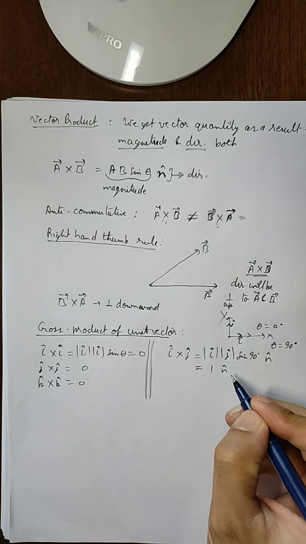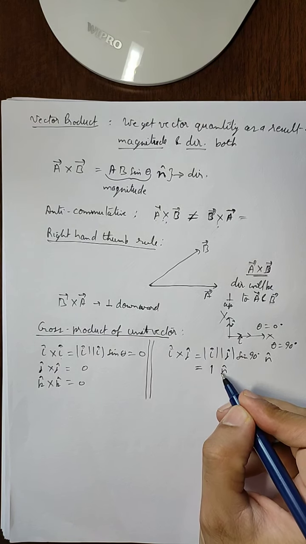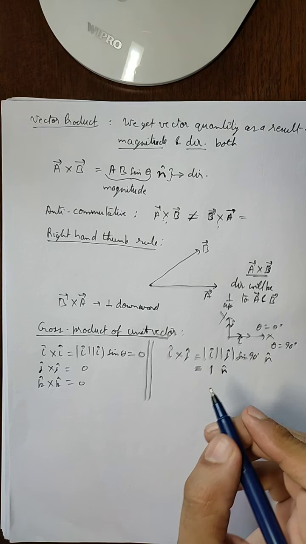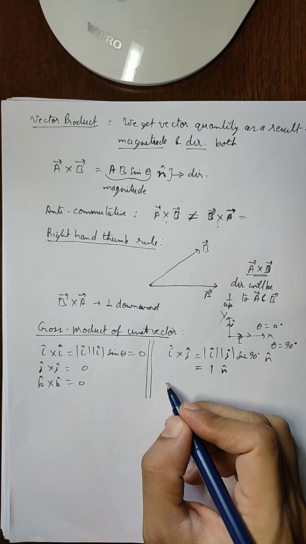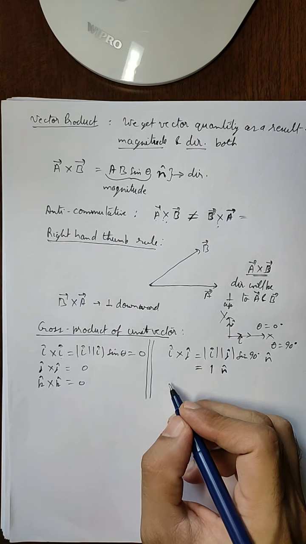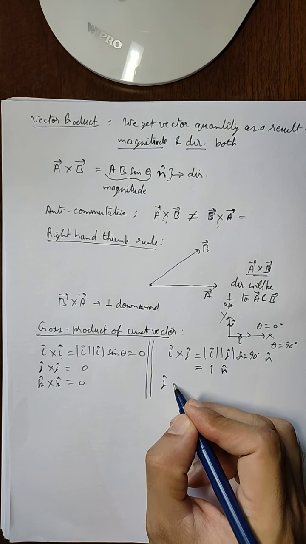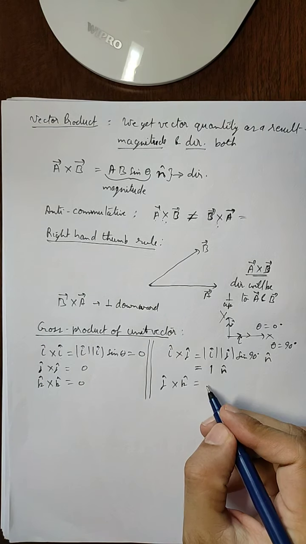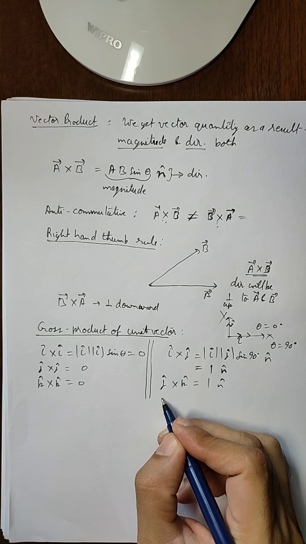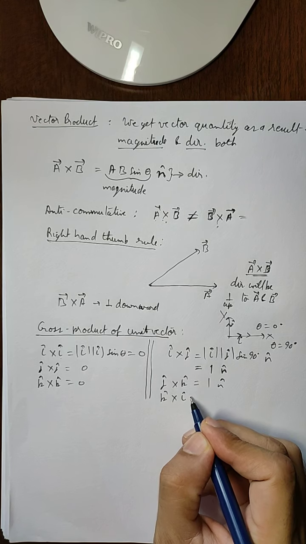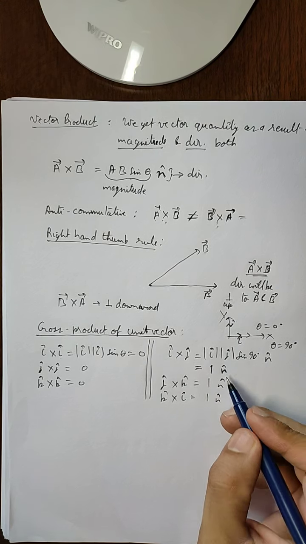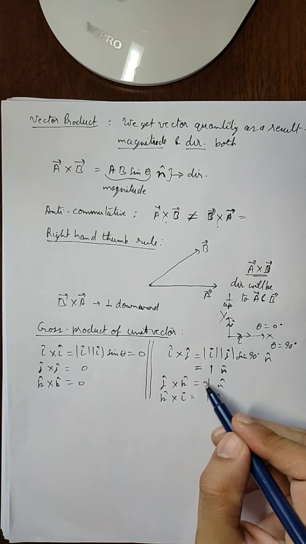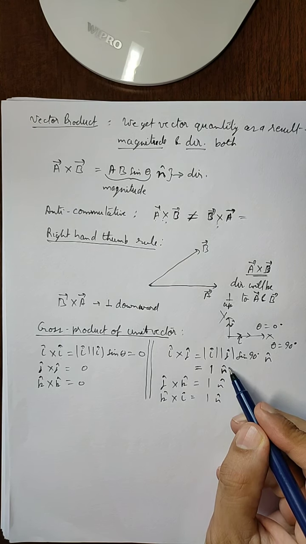So the result will be 1 n cap. Similarly, j cap cross k cap will also be equal to 1 n cap, and k cap cross i cap will also be equal to 1 n cap. So the magnitude of these multiplications will be 1, but there will be a direction.